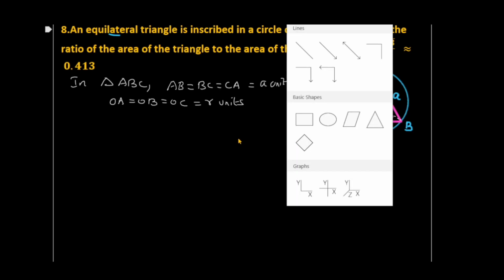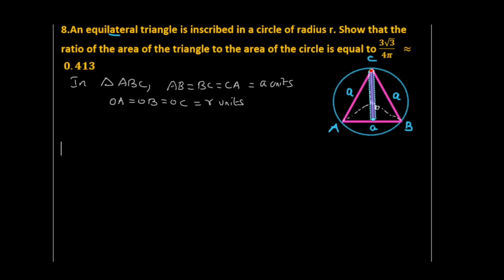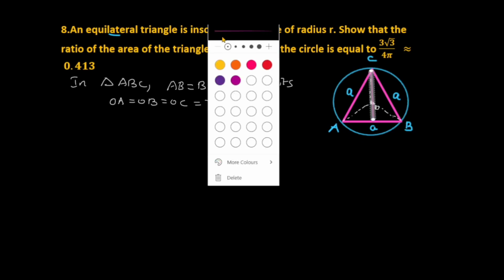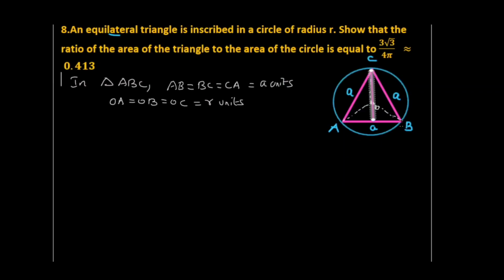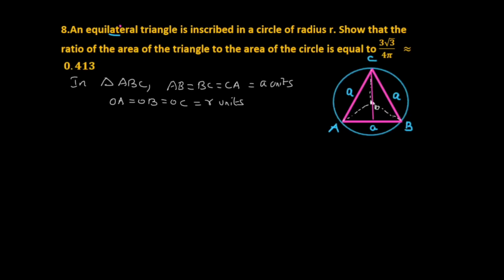Yes, we got the height here. This is the height of the triangle. Say the meeting point is D. Here we have O, and this is D.